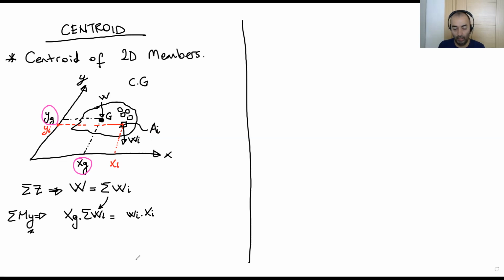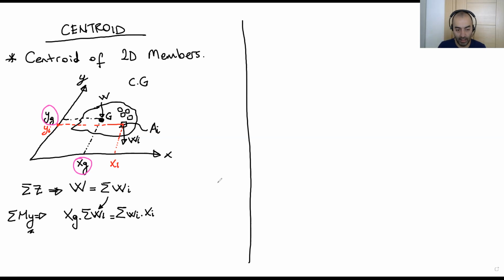This is the moment, but this is the moment for one piece. I'm looking for all the pieces' moment. So in the algebraic operation here, I'm gonna put a summation. This means calculate the moment of all pieces around the y-axis. Then sum all these numbers.